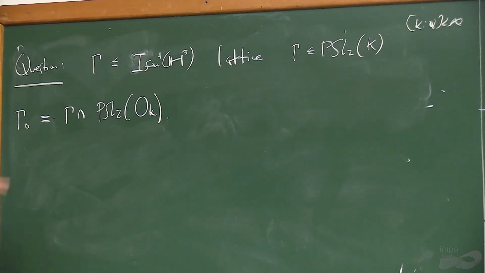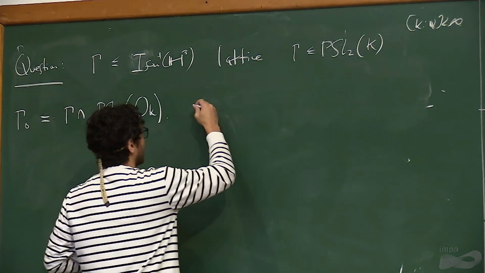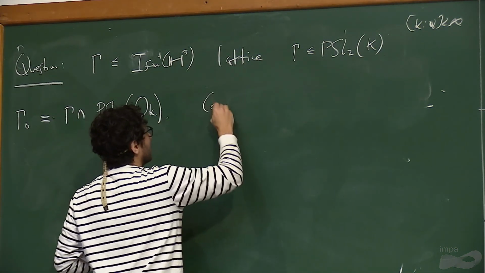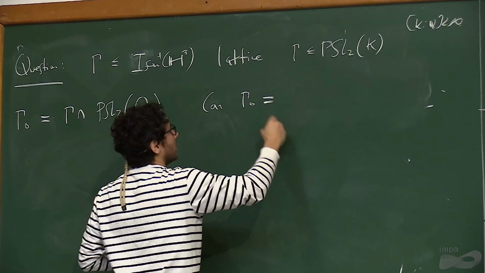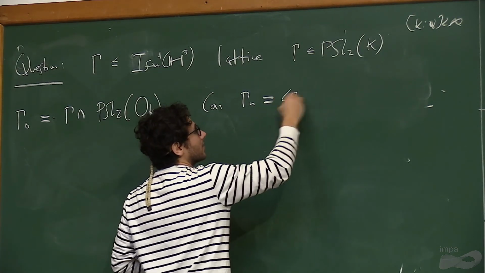This is a subgroup, and the question is, how small can this subgroup be? He asks whether gamma 0 can be equal to the trivial group.